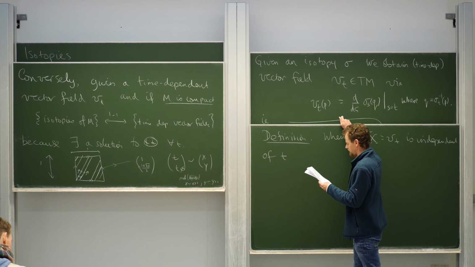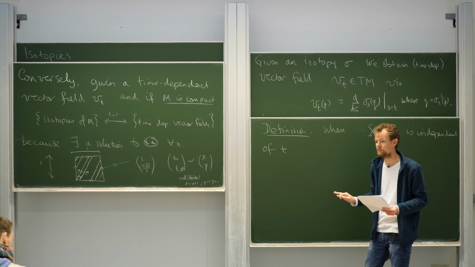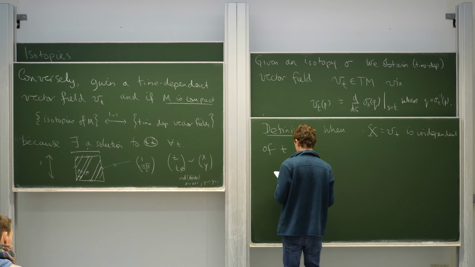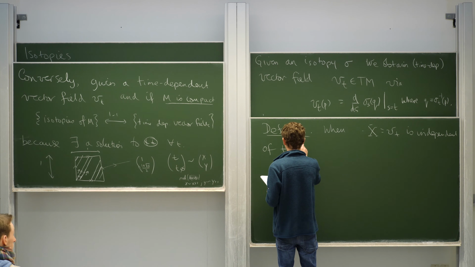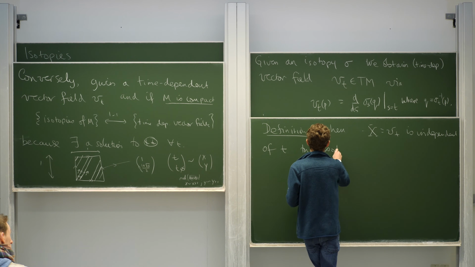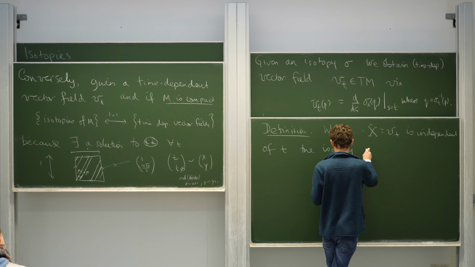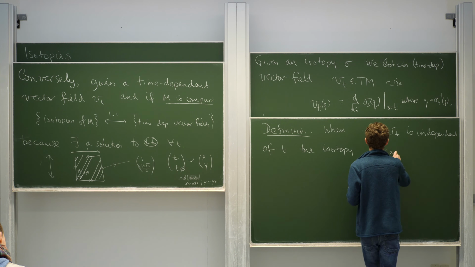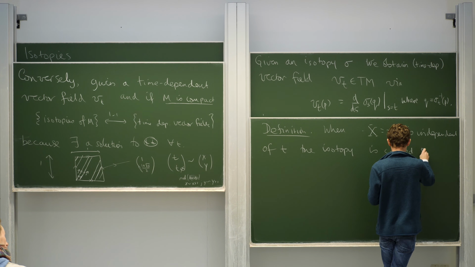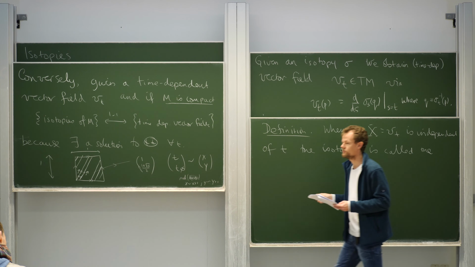It's the flow. But it's also, we know a lot more about this flow. We can give it a special name. It's called the exponential map.